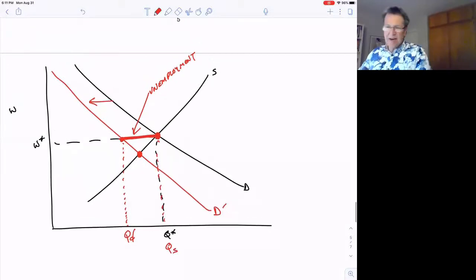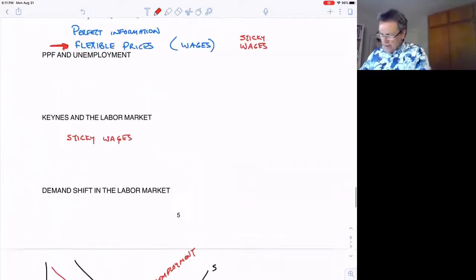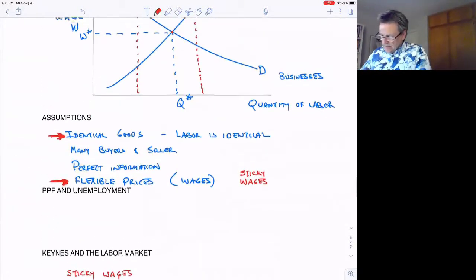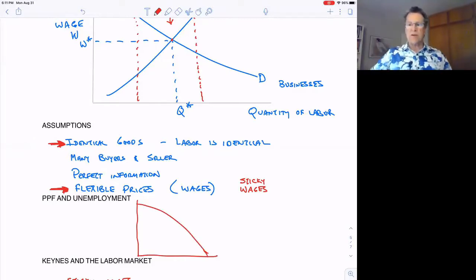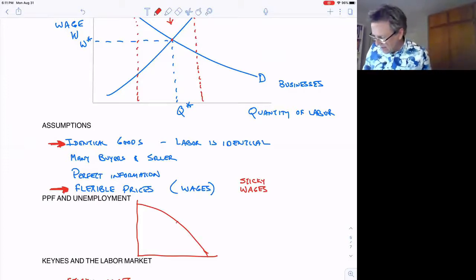Now, if there's unemployment in the economy, that means there's idleness. People aren't working. So if we were to draw the PPF for the economy, if everyone is working, there's no unemployment, we should be right here on the edge of the PPF.